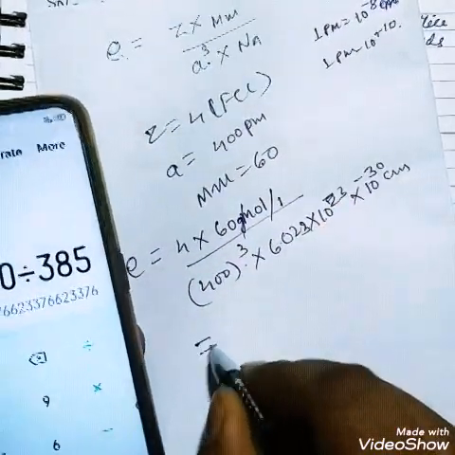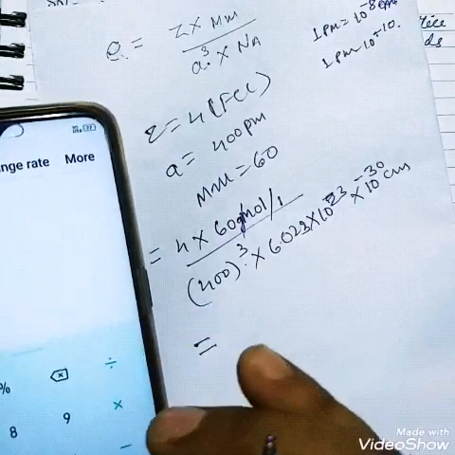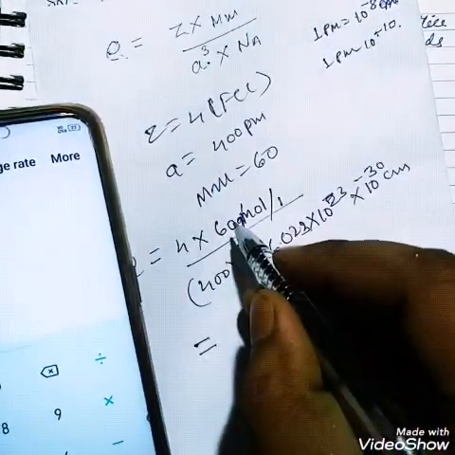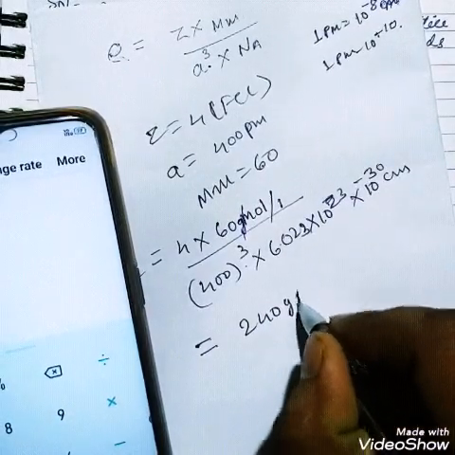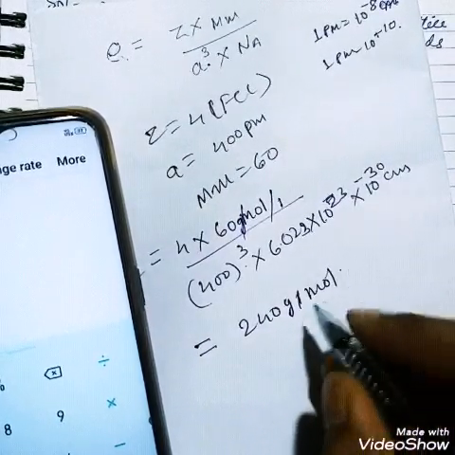Density equals, first of all, 4 into 60 is 240 gram per mole.